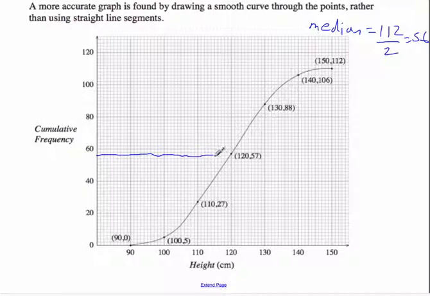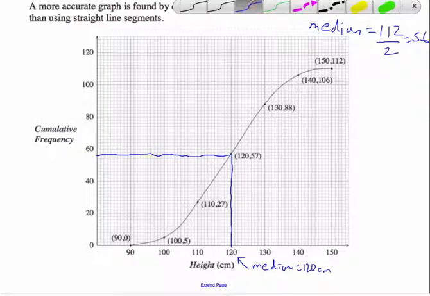You can use a ruler for this. And it looks like right here is going to be the median. The median height equals 120 centimeters. That means 50% of the people are greater than 120 centimeters and 50% of the people are less than 120 centimeters.